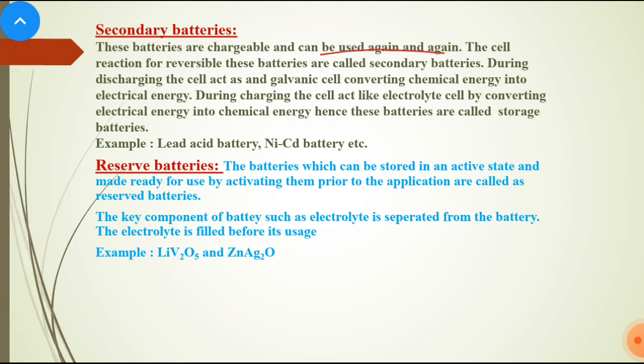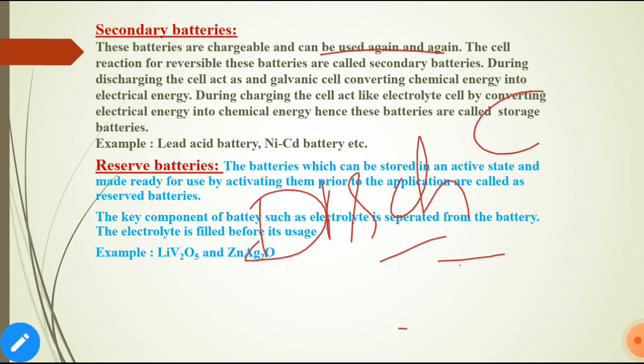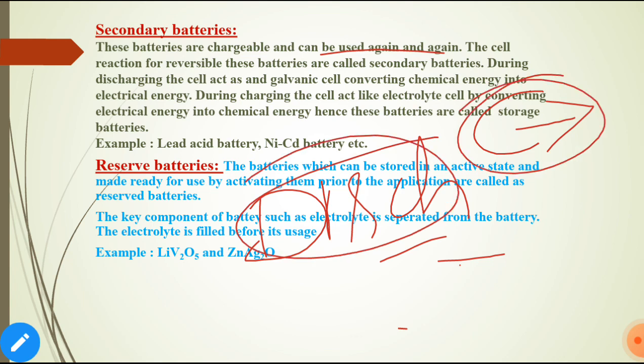In a secondary battery both discharging and charging take place, while in primary batteries only discharging takes place. During discharging it acts as a galvanic cell, in which chemical energy is converted into electrical energy. And during charging it acts as an electrolytic cell, which converts electrical energy into chemical energy.